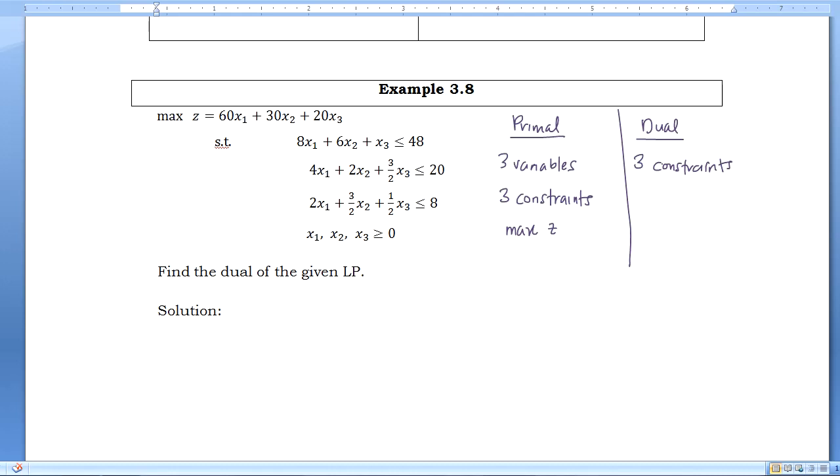Therefore, the dual of this LP has three constraints and also three variables. And the objective of this dual LP is to minimize W. Okay, now let's write the model.